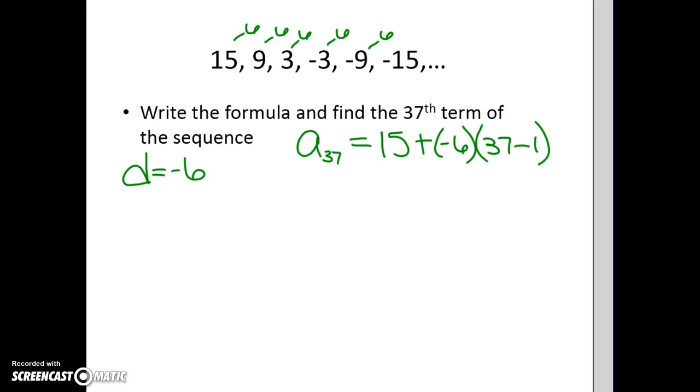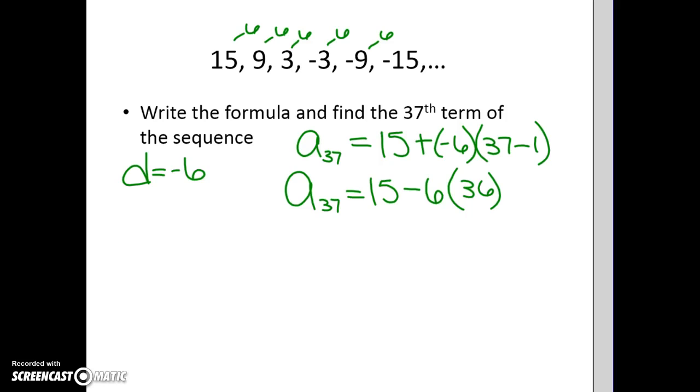I'm going to use my order of operations to find the 37th term. I'm also going to simplify that plus minus. I know that if I add a negative, I'm actually just subtracting. So a sub 37 equals 15 minus 6 times 37 minus 1, which is 36.